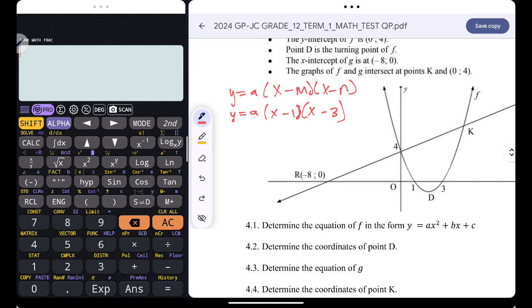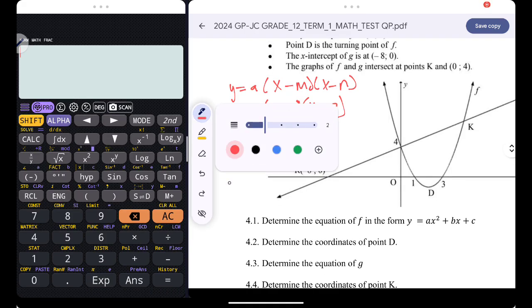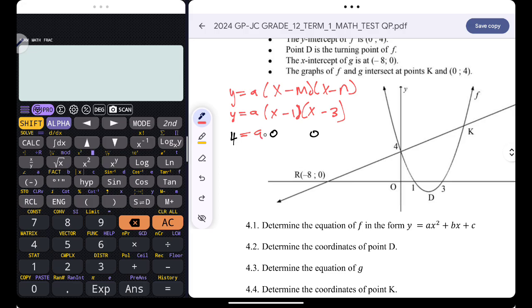How can I find the value of a? By just substituting any point on the curve of f of x. I do have a point on the curve, which is the y-intercept. So I'll simply substitute, because I know that y is equal to 4 whenever x is equal to 0.